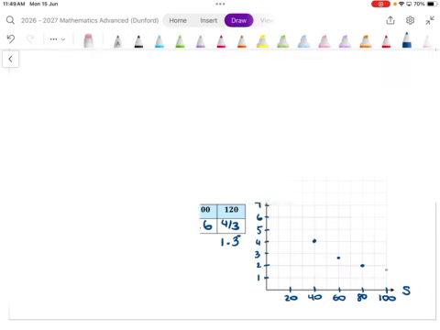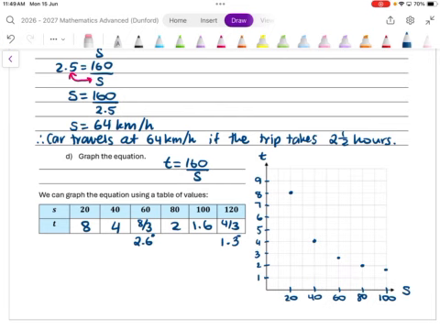Okay, this is a nice smooth curve going through our points as if it's a hyperbola in our first quadrant. All right, we probably should label a key point. So I'm just going to pick the point 40 and 4 and then write our equation t equals 160 on s on our graph.